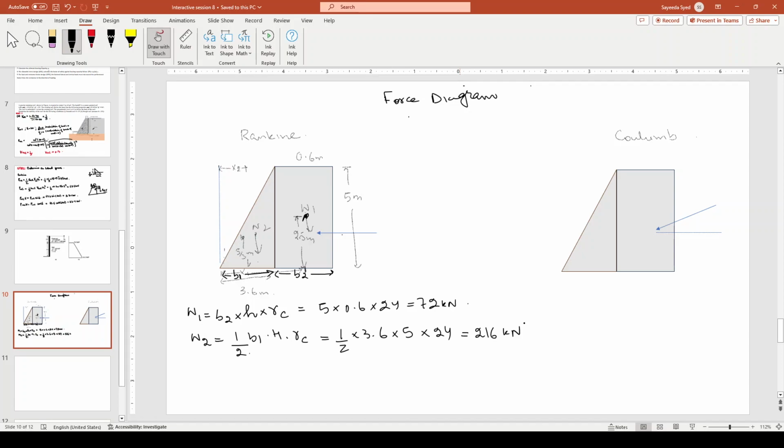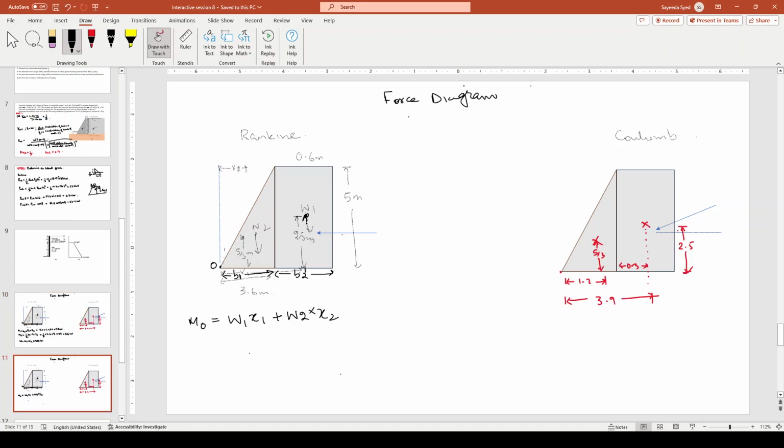We know that moment for overturning is equal to W1 into X1 plus W2 into X2. Because they are acting like this, this moment we multiply by this distance, and for it to turn, we multiply by this distance.